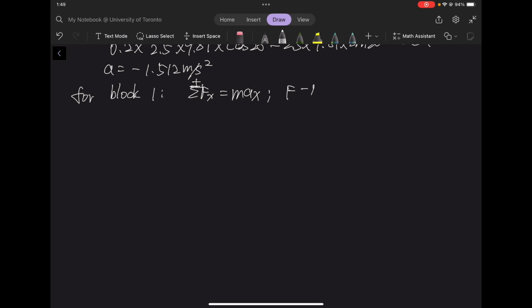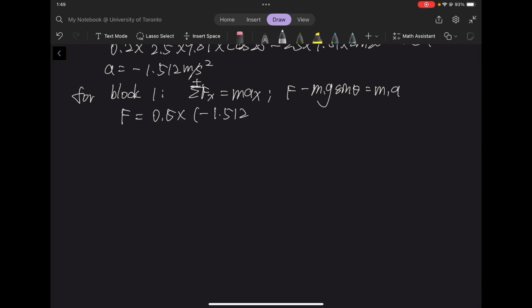So F minus m1 g sine theta is equal to m1 acceleration, which is equal to, F is equal to 0.5 times negative 1.512 plus 0.5 times 9.81 sine 20 degrees, which is equal to 0.922 Newton.